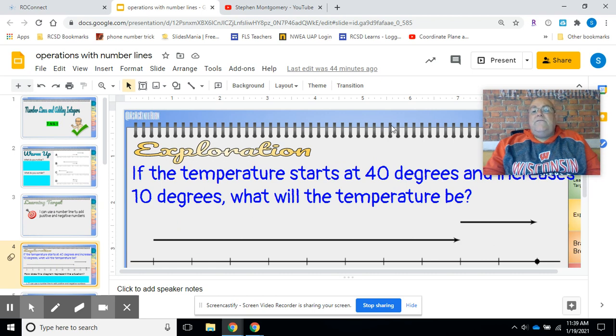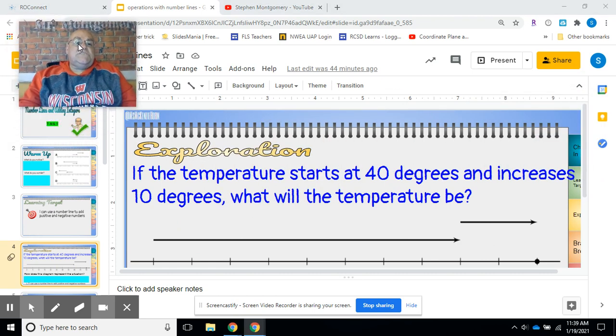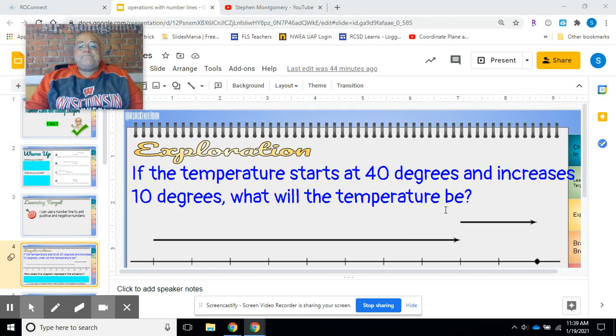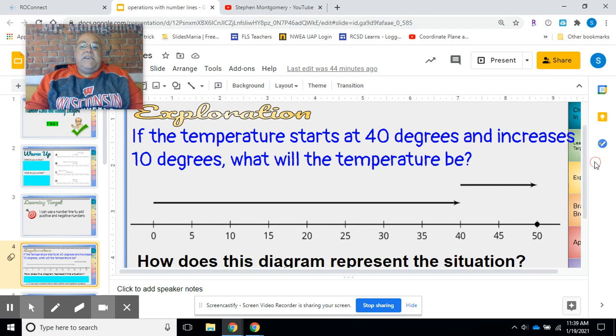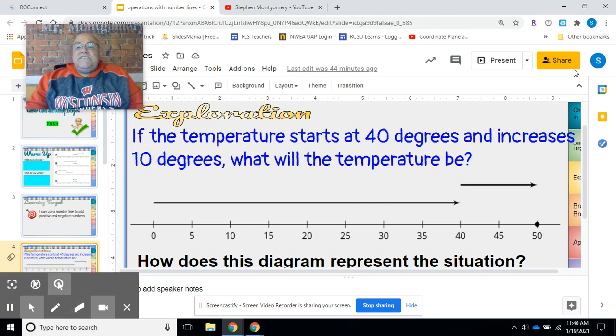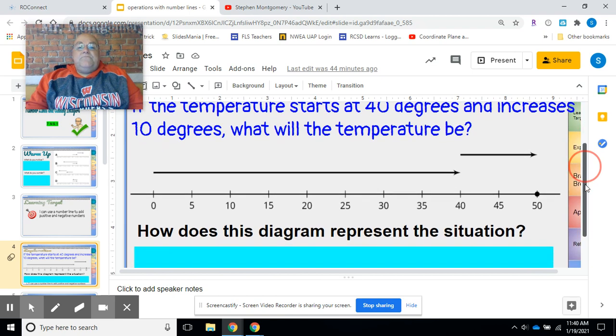If we look at the first slide here, so this is technically slide number 4. In our heads, we probably understand 40 plus 10 is 50. Yes, I completely understand that. But if the temperature starts at 40 degrees and increases 10 degrees, what will the temperature be? How does this diagram represent this?